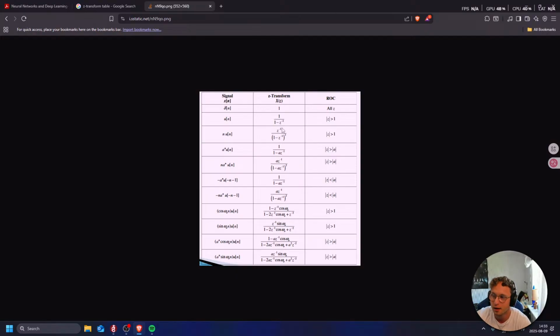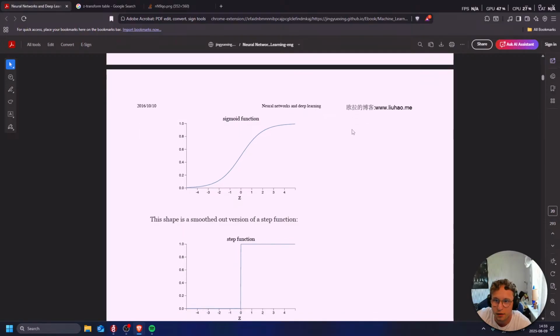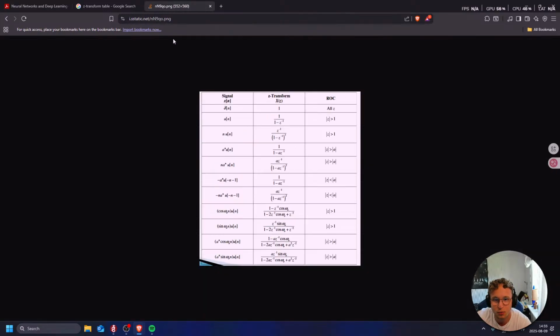This is control theory, but it's the same behavior. What? That's incredible. Oh, this is Chinese, by the way. Anyways, and so the sigmoid function. Do we have a sigmoid function here? I feel like I've seen this somewhere.